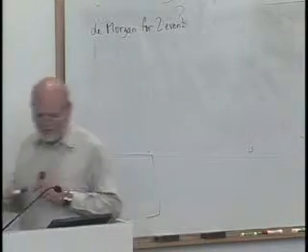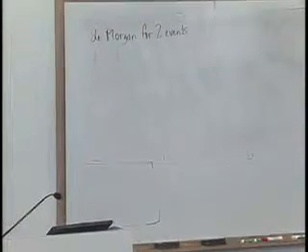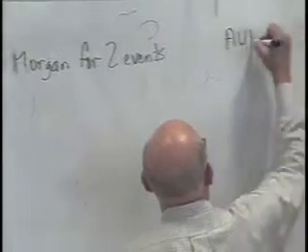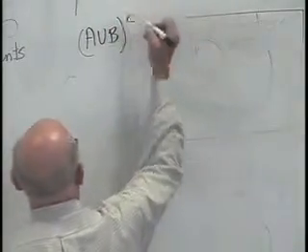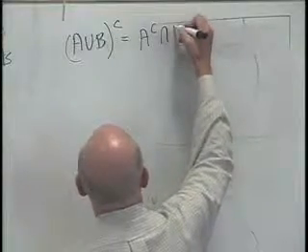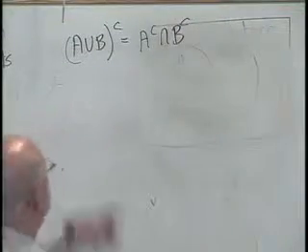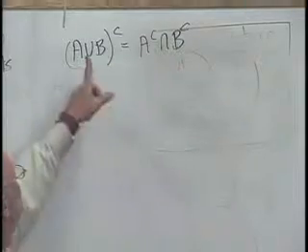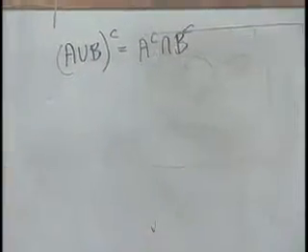So there are 2 of these DeMorgan's laws. They're surprisingly simple to have a name attached to them, but they do. So the first one says, if you've got the union of 2 events and you take its complement, you get the intersection of the complements. And this is the surprise. It's basically changing or to and.